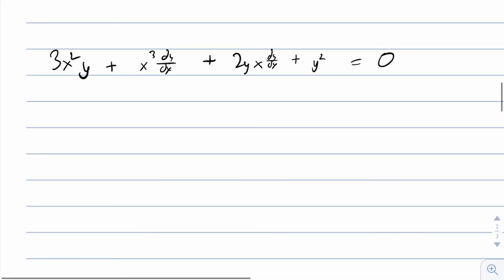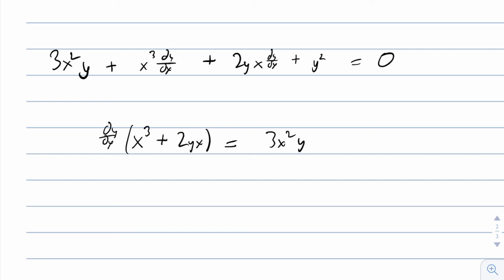Yep, looks good. Alright, so now we need to figure out how to get dy/dx by itself, and we can just move it over to one side. So why don't we just keep it positive? dy/dx, I'm just going to factor it out, saves a few steps. Plus 2yx equals 3x squared y plus y squared.